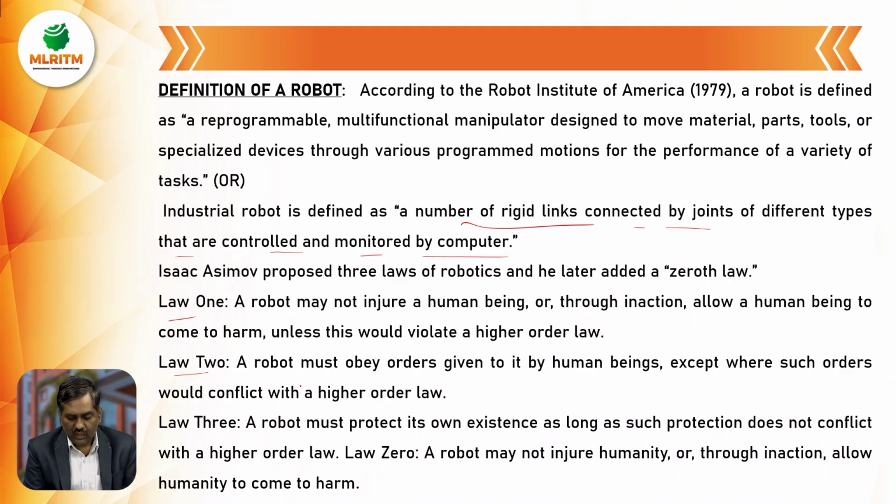Law 2: a robot must obey orders given to it by human beings, except where such orders would conflict with a higher order law. Law 3: a robot must protect its own existence as long as such protection does not conflict with a higher order law. And Law 0: a robot may not injure humanity or, through inaction, allow humanity to come to harm.